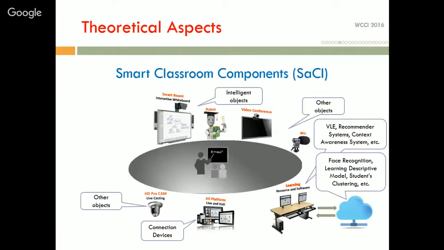One smart classroom is something like that, where we have different intelligent objects, or maybe another type of object, and where we see the different applications, the different software, like objects, that are intelligent objects. One of these is a recommender system.